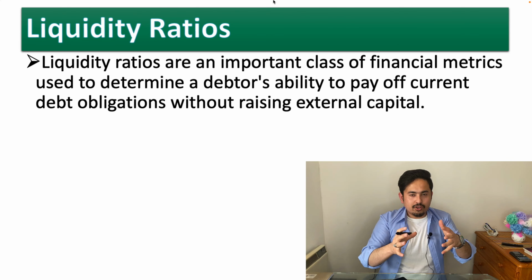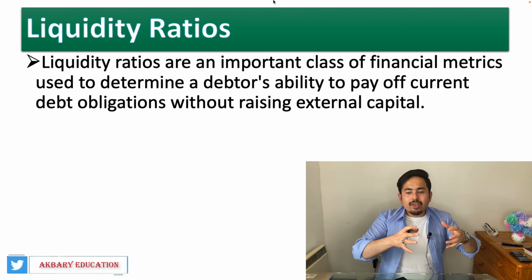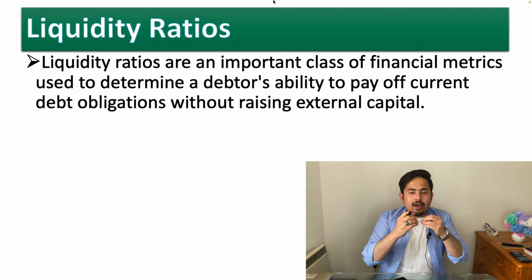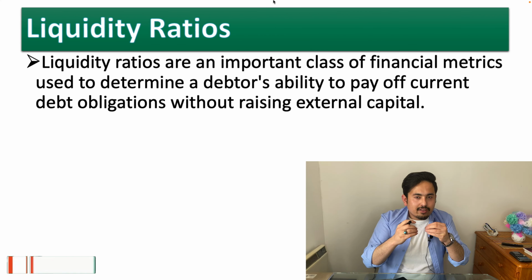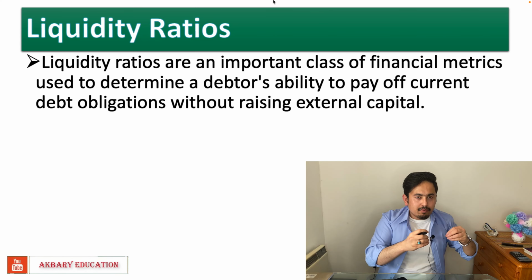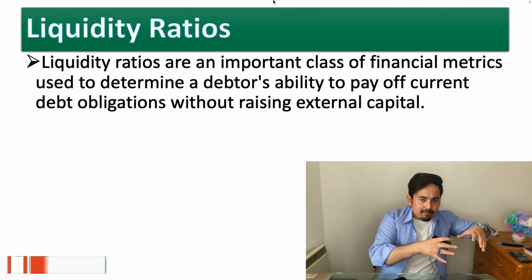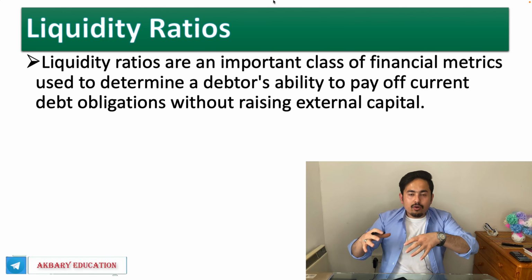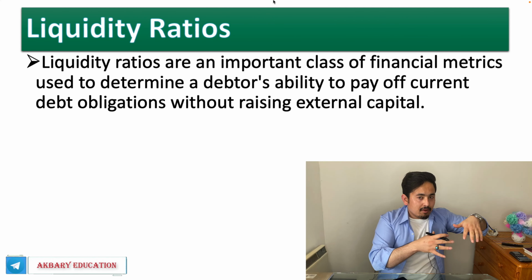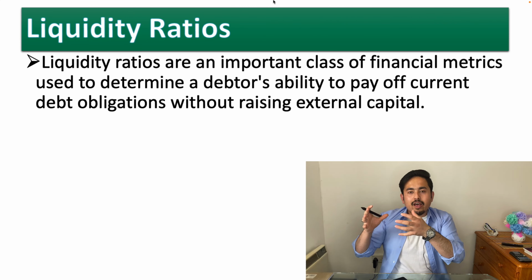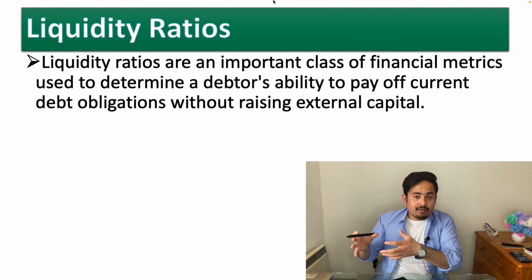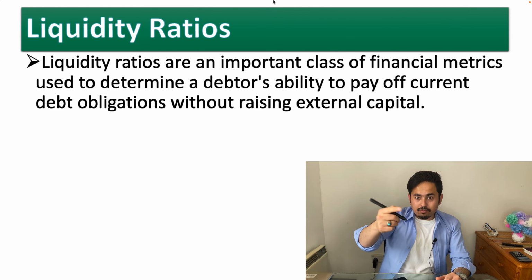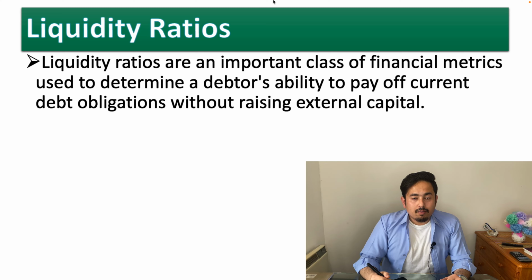Overall, with liquidity ratios we can analyze and calculate whether the company is able to pay its short-term liabilities with the current assets of the business, whether they can meet their short-term obligations with the currently available assets inside the business, or they need further external financing to cover their short-term obligations or not.